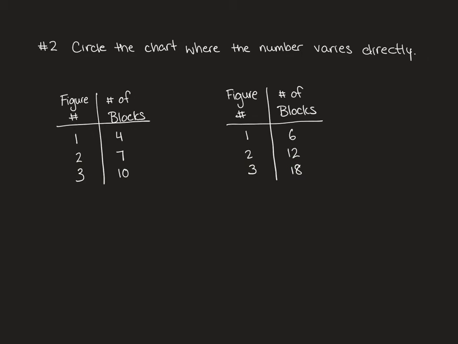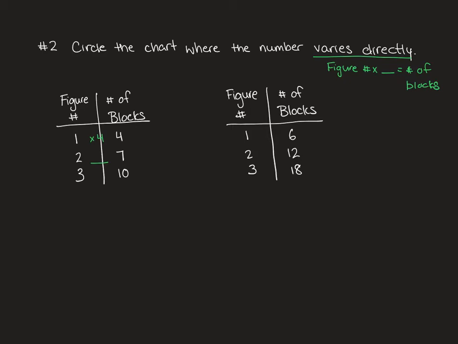Question number 2 is going to ask you to circle the chart where the number varies directly. So remember, direct variation means you can take your figure number and you can multiply it by something to get the number of blocks. So if we look at our first chart, 1 to 4, well, 1 times 4 is 4, but we can't do 2 times 4 is 7.